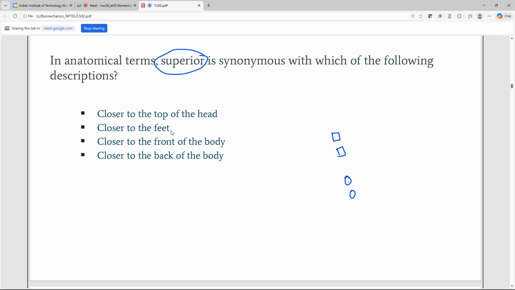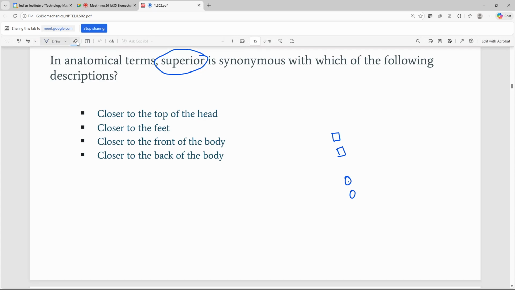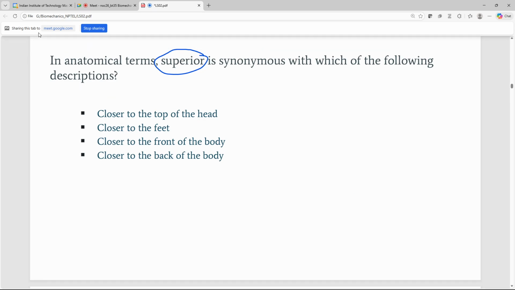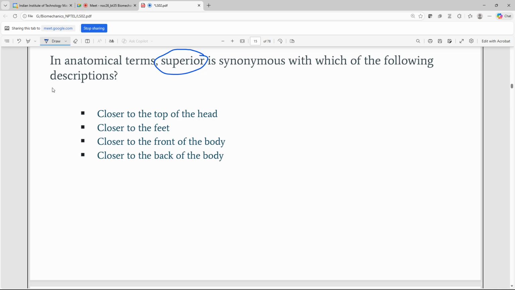Next one, closer to the feet, closer to the front of the body, closer to the back of the body. So in anatomical terms, what does the word superior mean? You can inbox your answers.